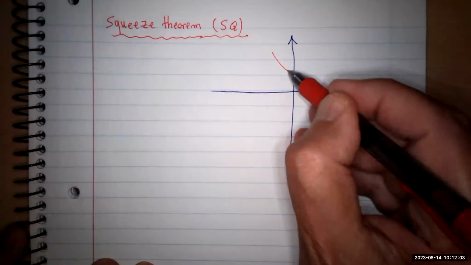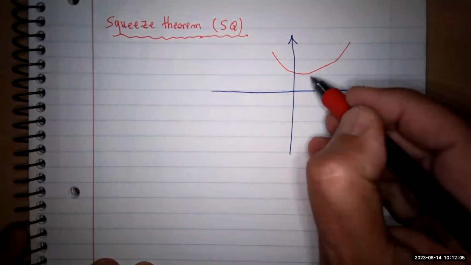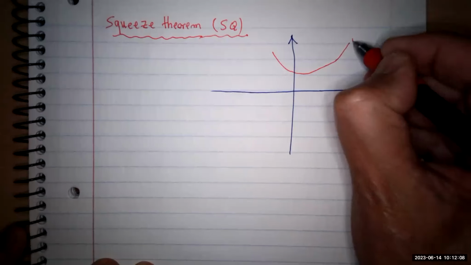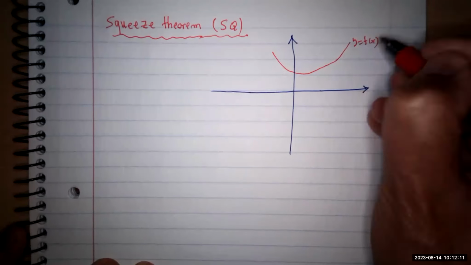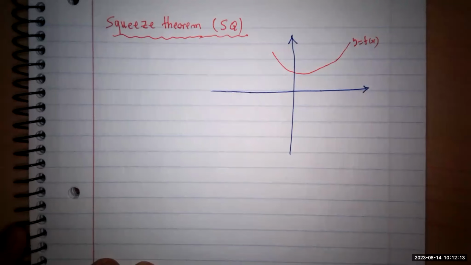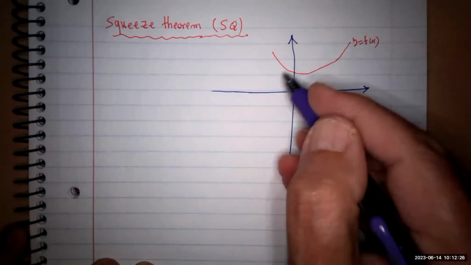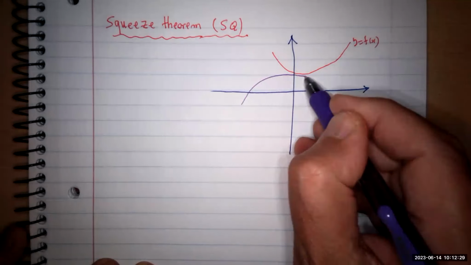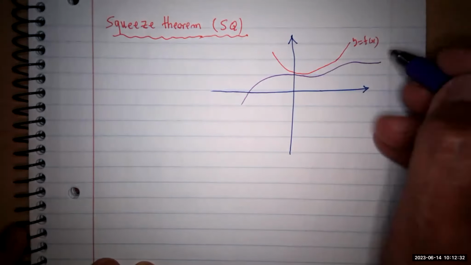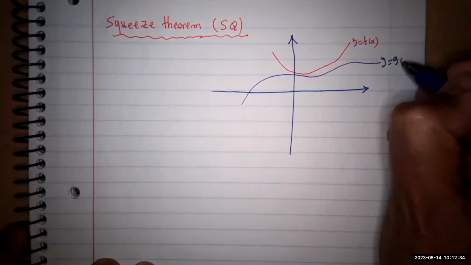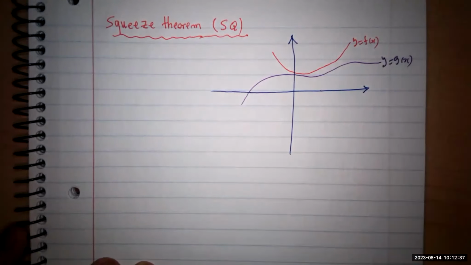Okay, this is going to be our first function. I call it y equals f of x. And there is going to be a point that we are going to consider. We have another function, y equals g of x. As you can see, the f function is above the g function.